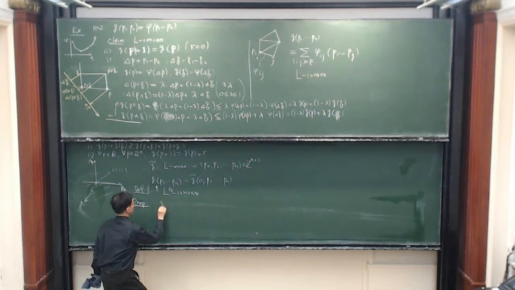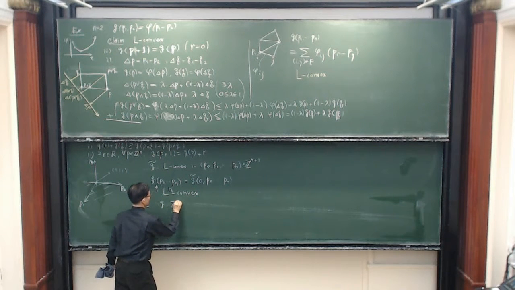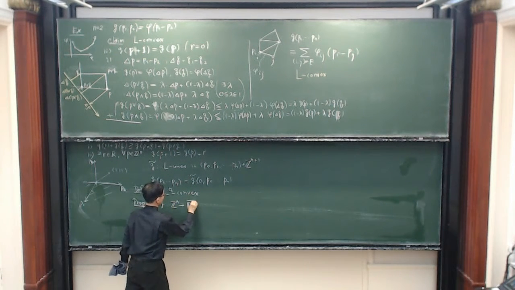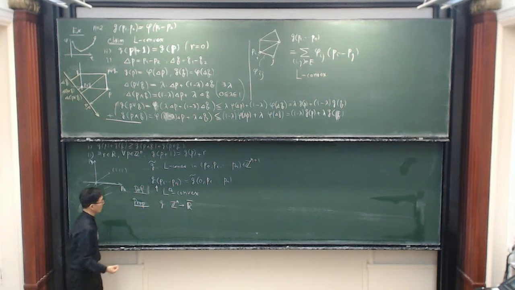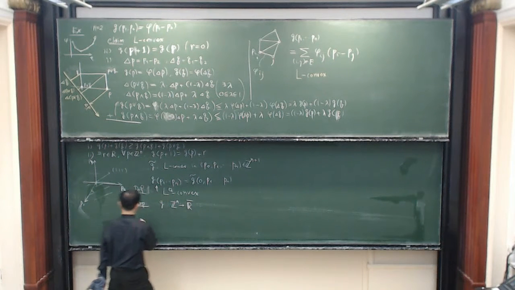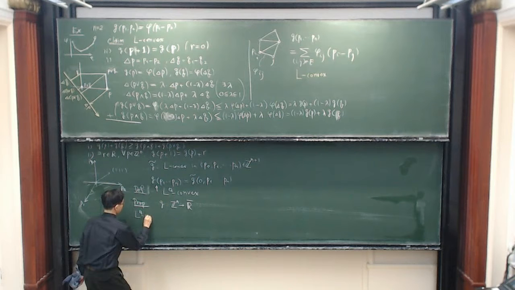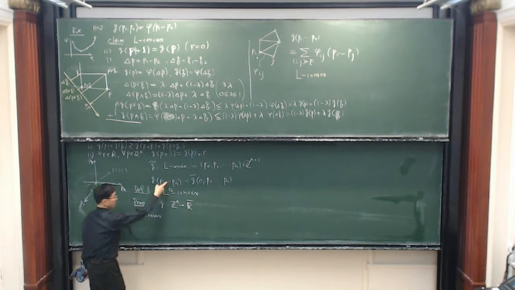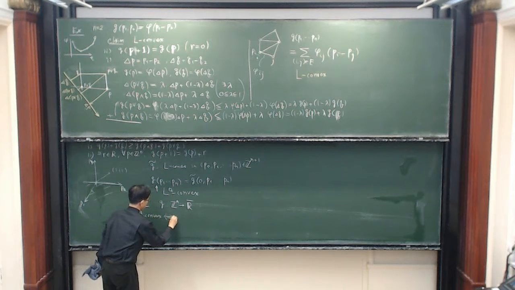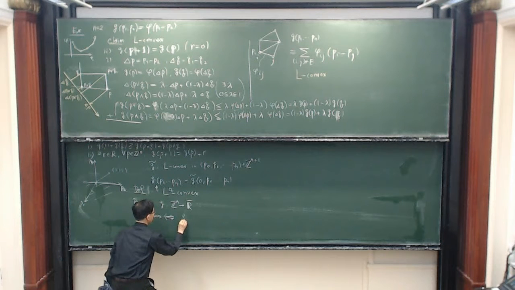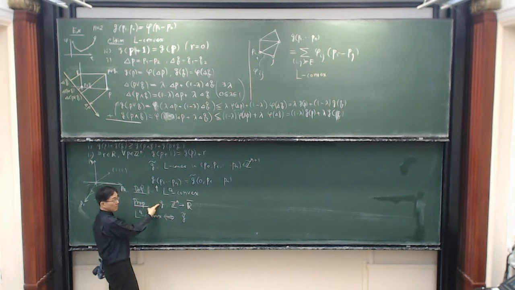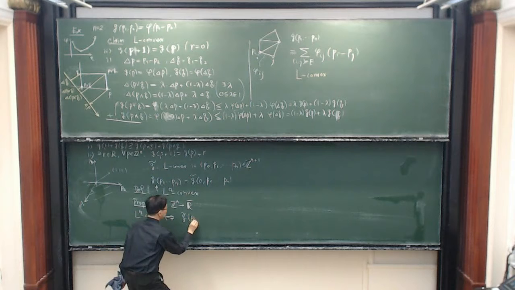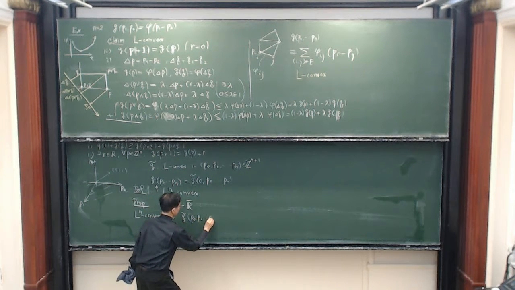So now given a function g in n variables, this is L natural convex if and only if we define the function g tilde from this by the following formula.